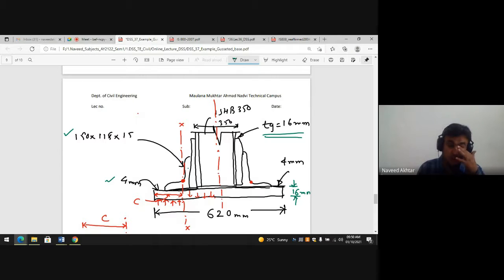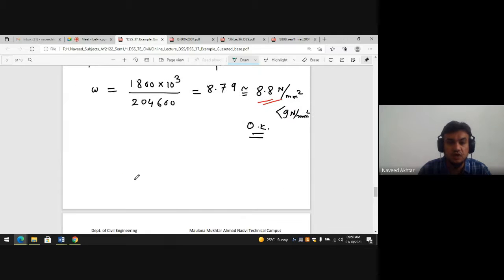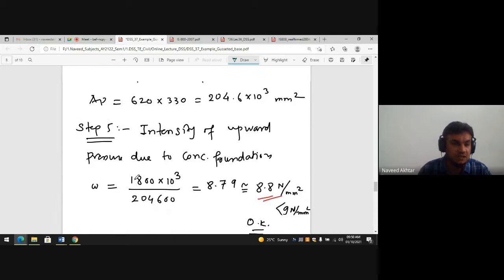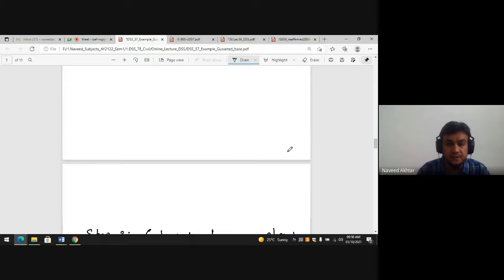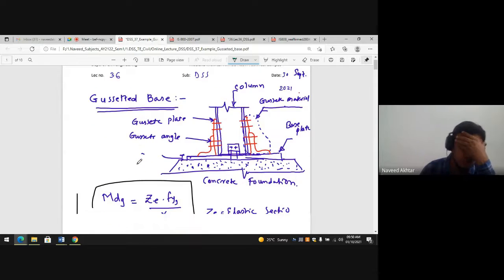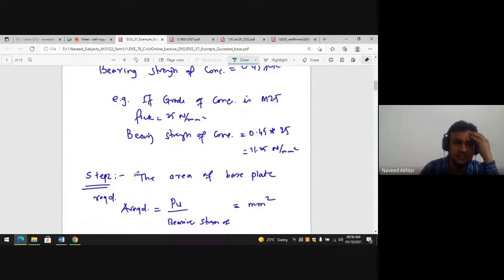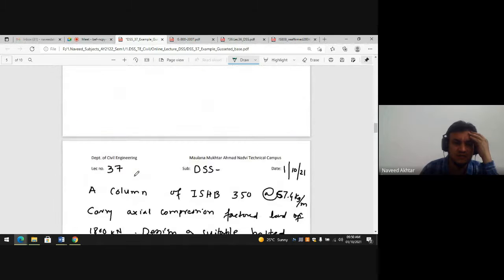So I think you will understand this design of gusseted base. If you have any doubt, you can ask me. Otherwise, we will stop here. I will share this sheet so that you can go through it. The example starts from this page and is solved from there onwards.